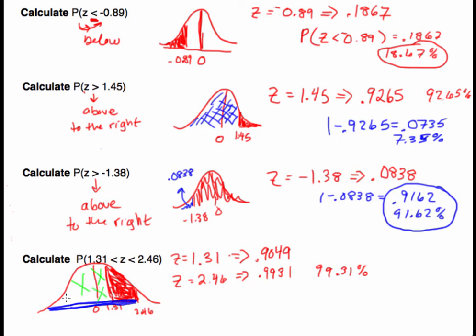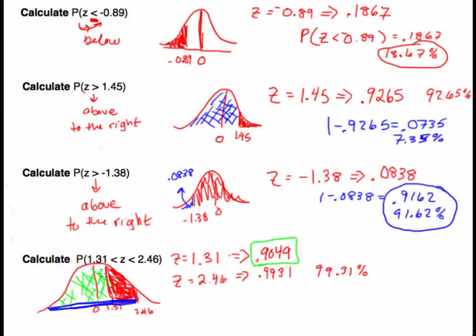I want to take out all of this. If I could start with this 99.31% and take out this piece in green, then I would have exactly what I'm looking for, this piece in red. Well, it turns out I know this piece in green. That is 0.9049, everything that's below the z-score of 1.31.